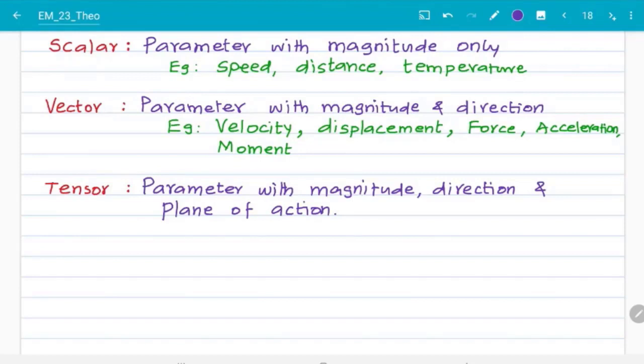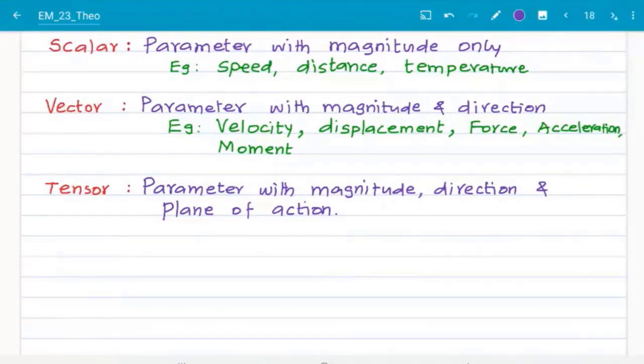For example, in which plane it is acting? The planes are mathematically represented by their normals: X normal plane, Y normal plane, Z normal plane. The plane perpendicular to the X axis is called the X normal plane. The plane perpendicular to the Y axis is called the Y normal plane.